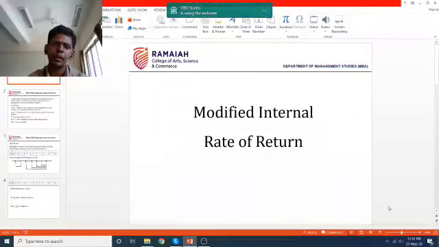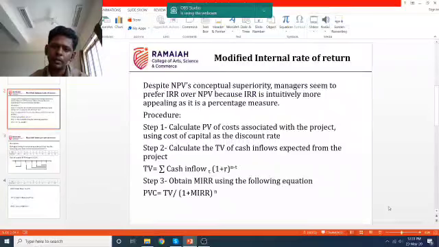internal rate of return. However, few managers or financialists feel that IRR is more intuitive and more appealing as it is measured in a percentage, right? If you ask what is the internal rate of return of my laptop, I'll be able to mention it in a percentage form, which becomes very easy to compare across projects.